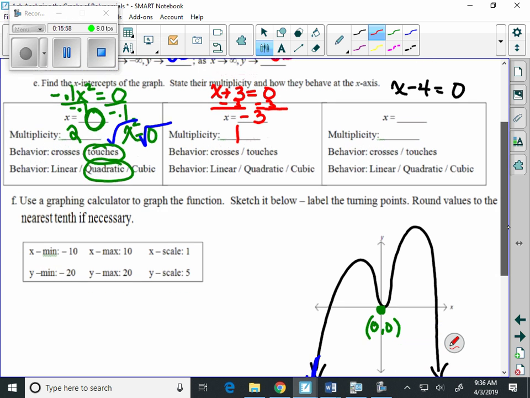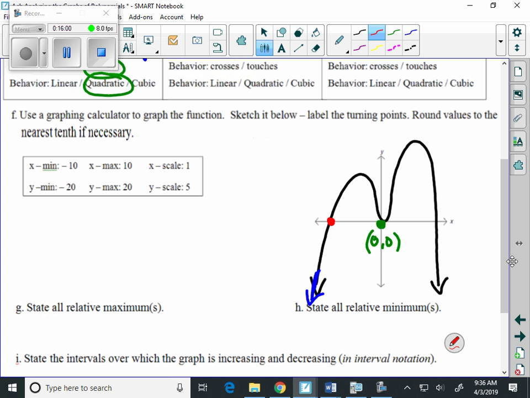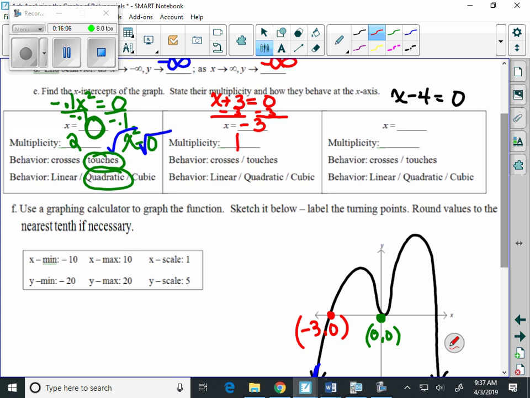And in fact, if we come down here, here's -3, 0. Just a label, because we're going to have to label some on this picture anyway. Do we cross or do we touch? Well, an odd multiplicity means that we're going to cross this function. And a linear function is to the first power. So this one's going to be linear.